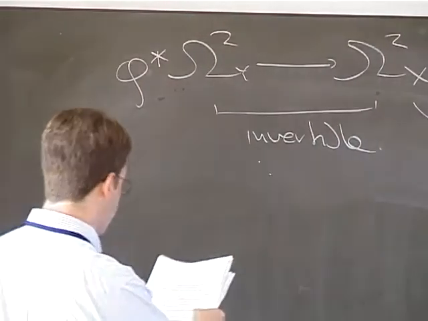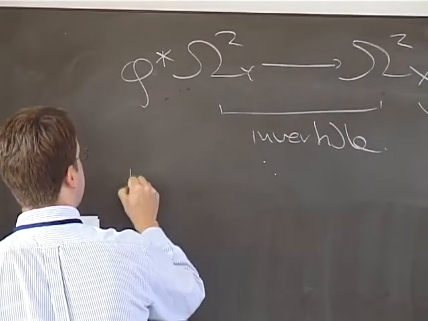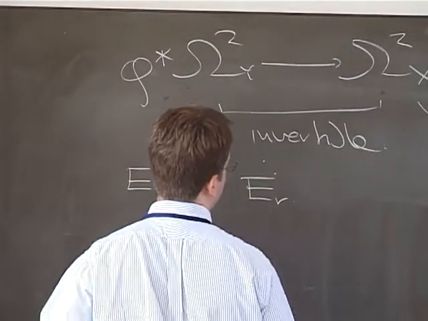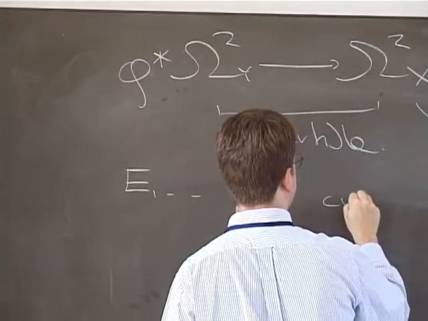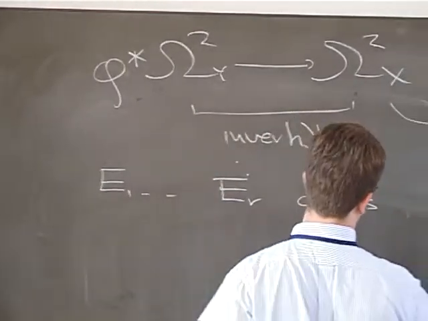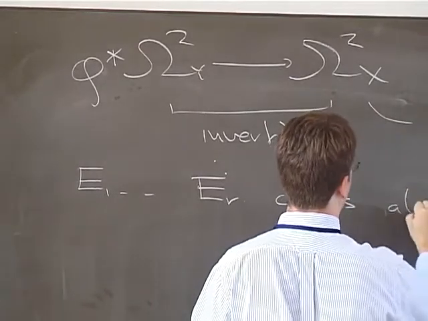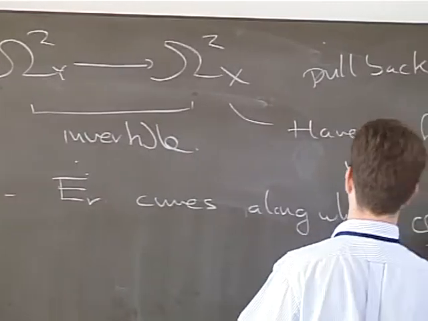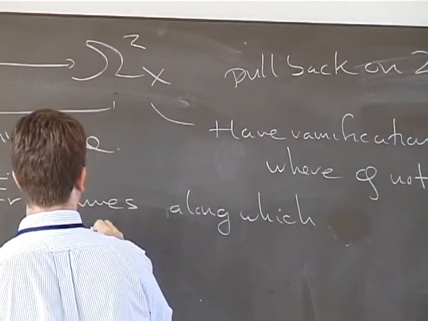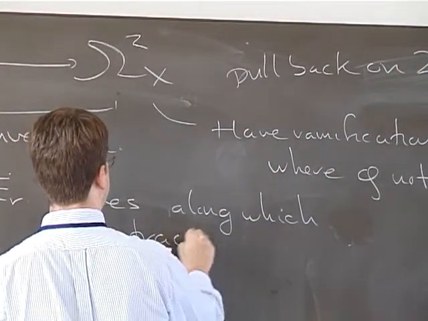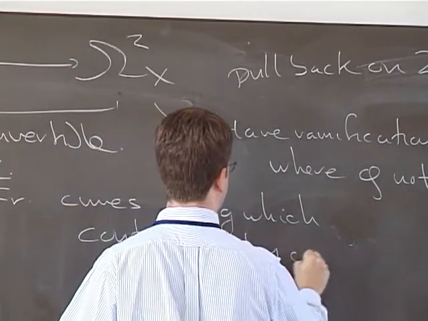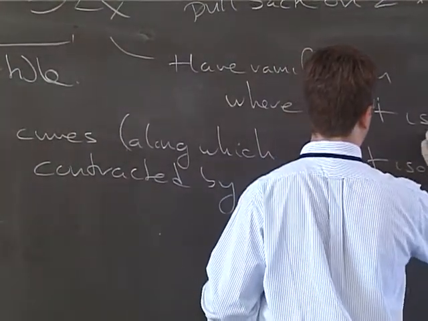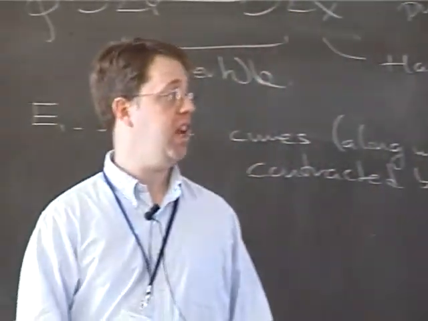So let E1 to ER be all the curves contracted by phi, that is, those along which phi is not an isomorphism, or along which we have ramification.